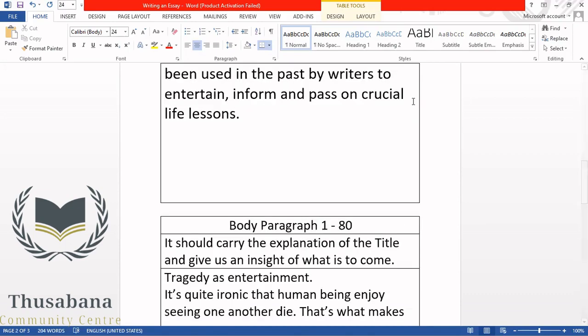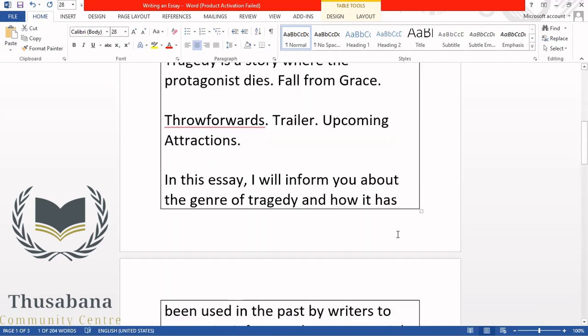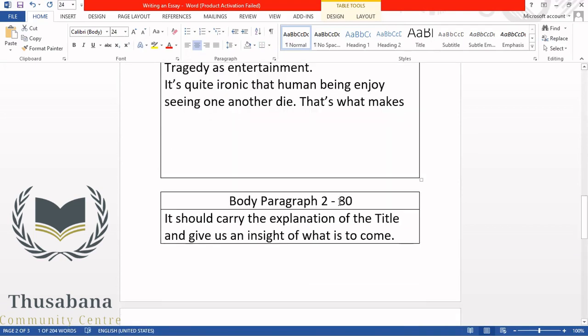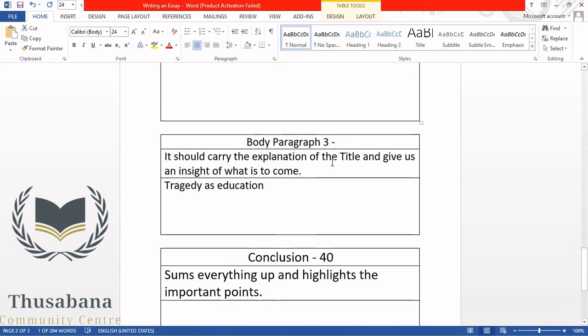We're going to 320. We have to continue this tomorrow. So the introduction is 40. If my paragraph 1 has 80 words, that's now 120. Paragraph 2, 80. That's now 200.